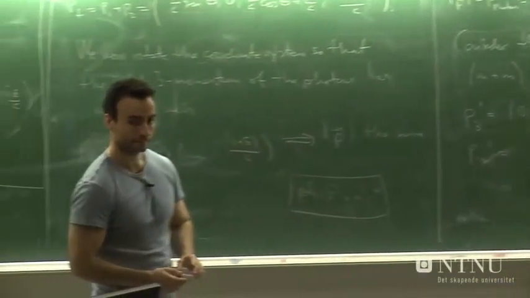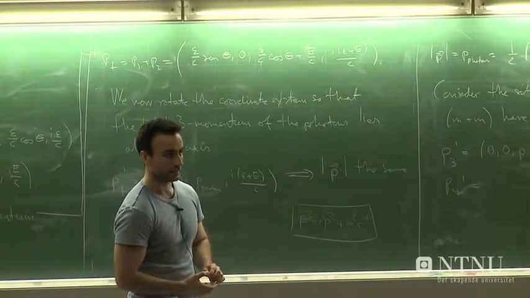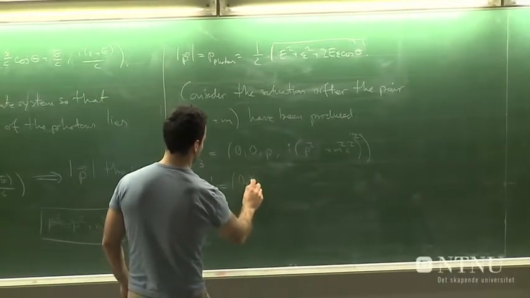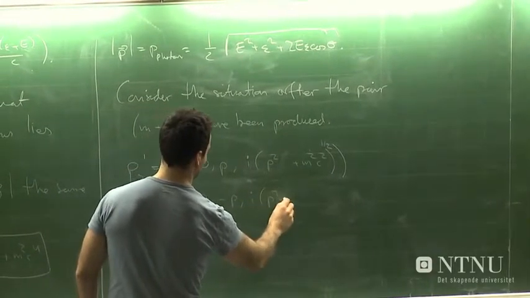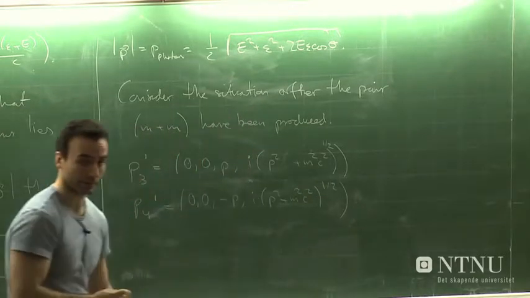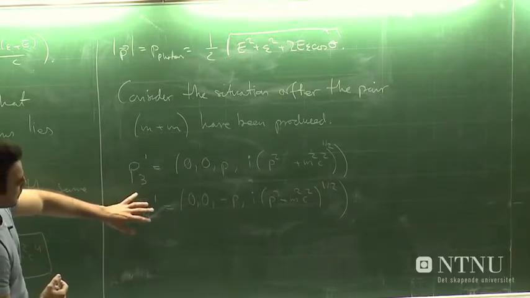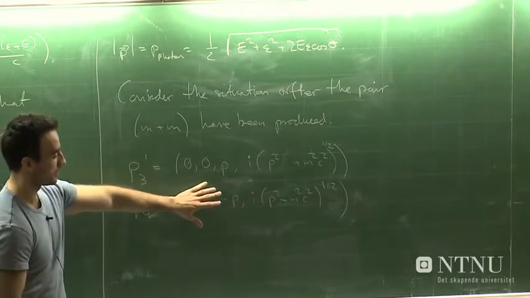So it's 0, 0, minus p. But in that case, so you mean like this? Like this? Okay. So in that case, the total 4 momentum after the collision would have 0 3 momentum.